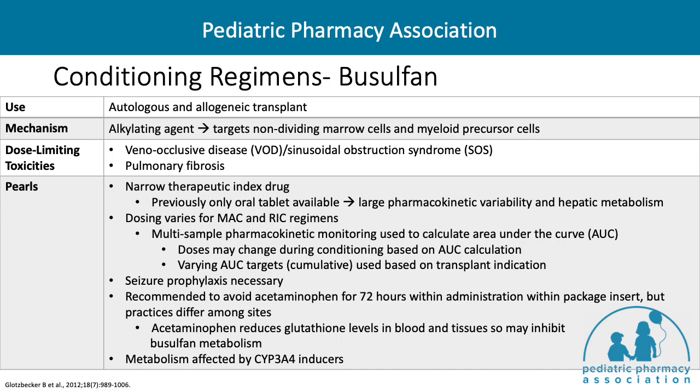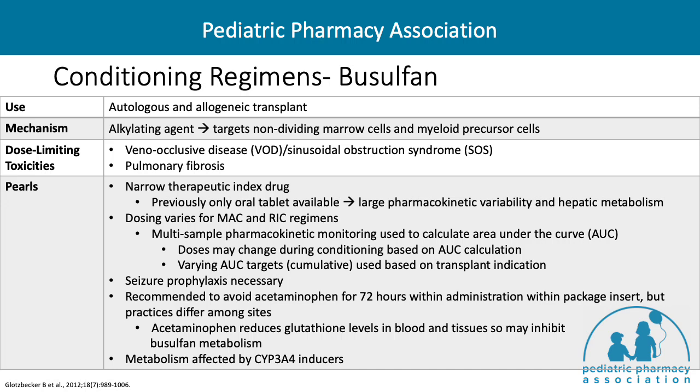Very unique to busulfan is multi-sample pharmacokinetic monitoring, and it's used to calculate the area under the curve, or AUC, and is oftentimes used to monitor the exposure of busulfan and to minimize inferior treatment outcomes. These samples for pharmacokinetic monitoring are collected at different time points after administration of busulfan.